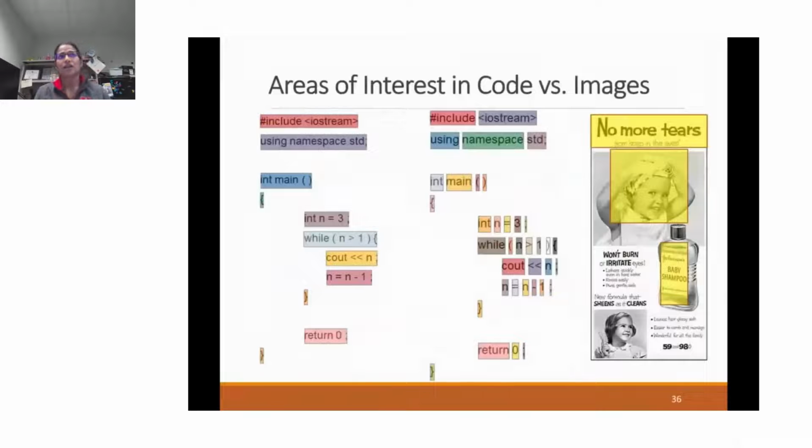So you saw, I'm going back one, you saw the advertisement on the right, the baby and the AOI over there, which is the face, the caption, and the shampoo bottle. Look at the areas of interest on the left. Again, nothing like the picture, right? So they are very different, almost like you're reading.